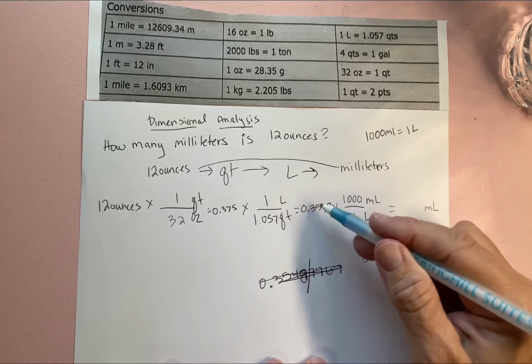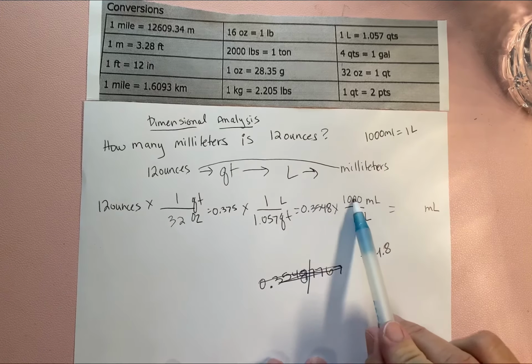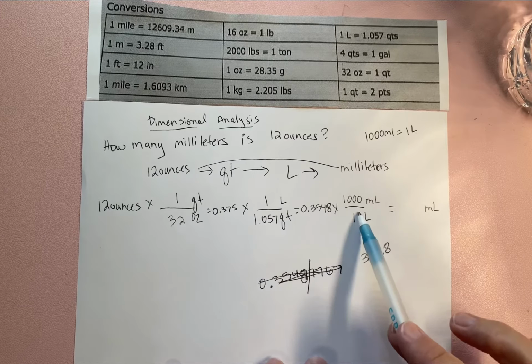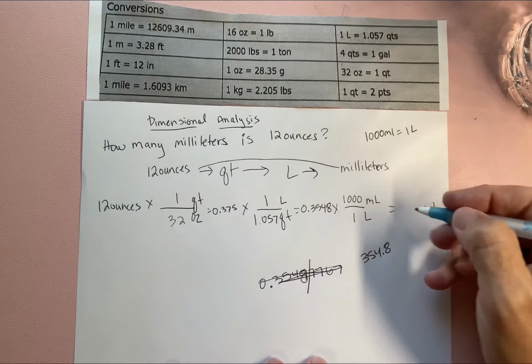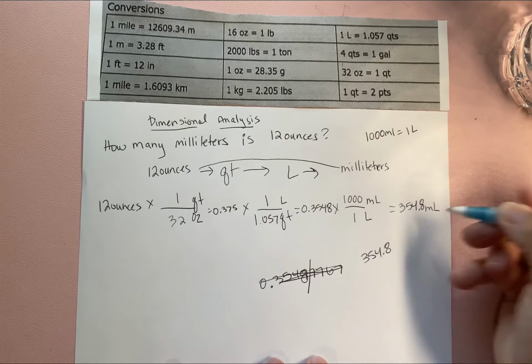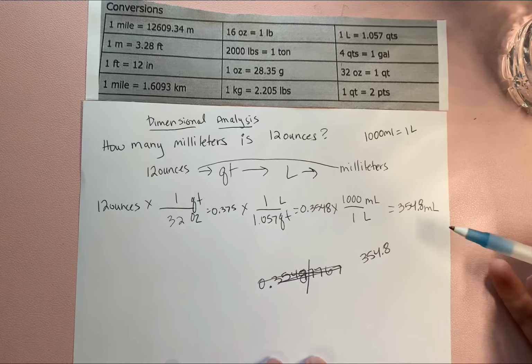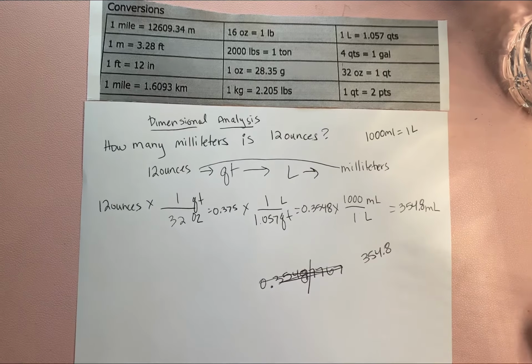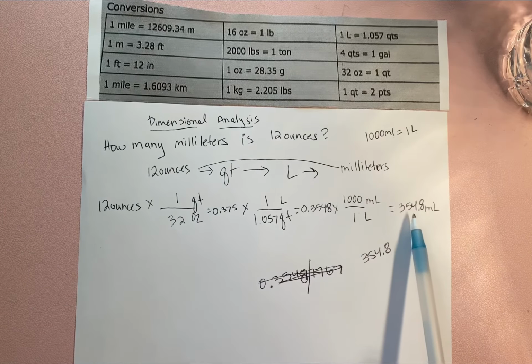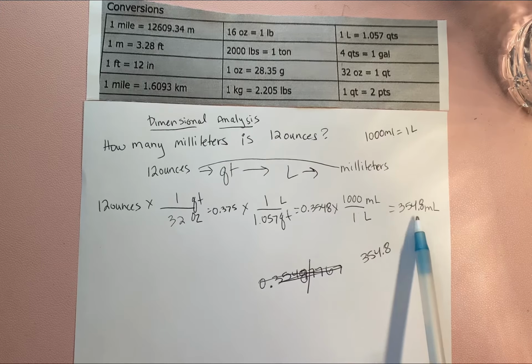So you're multiplying this times this, dividing by 1. So the answer is always going to be the same. If you multiply or divide by 1, the answer is always the same. So this is our answer, 354.8 milliliters. And the way you can check yourself is just ask Siri or Google, how many milliliters is 12 ounces? And that's going to be your answer.